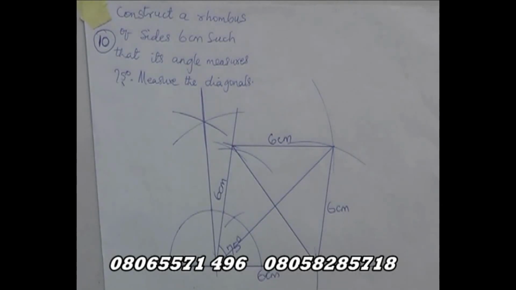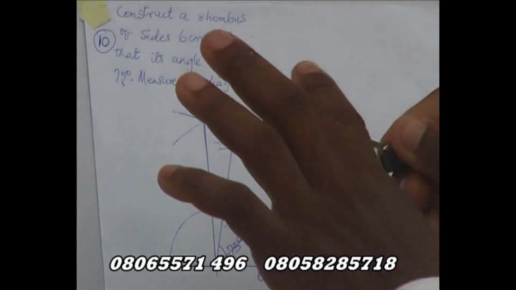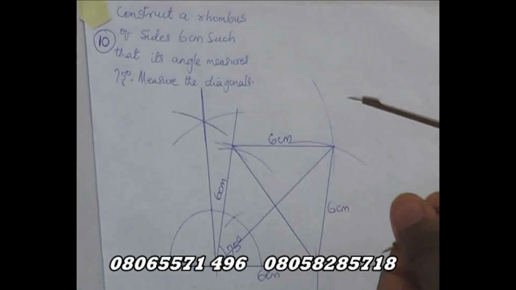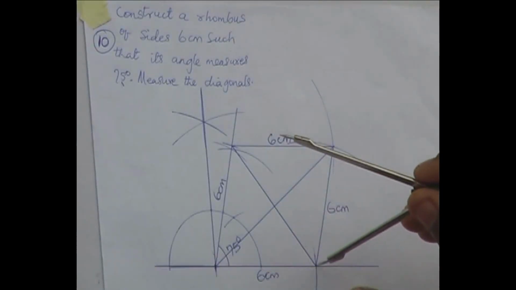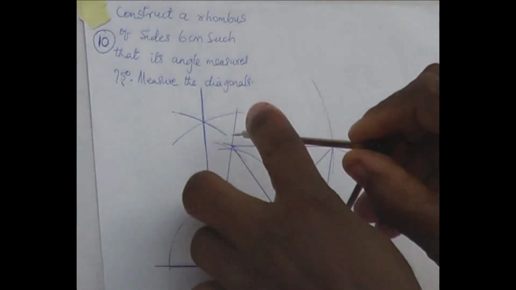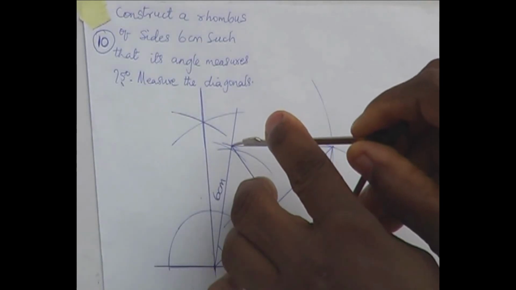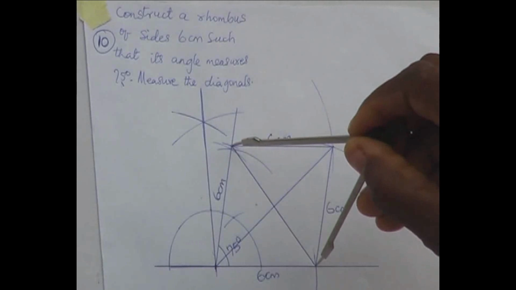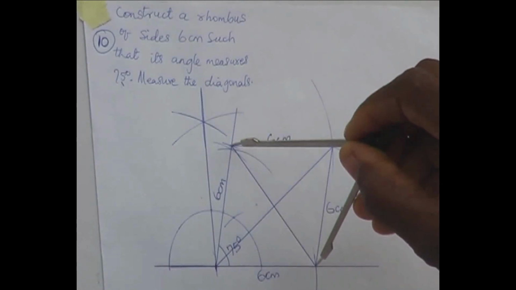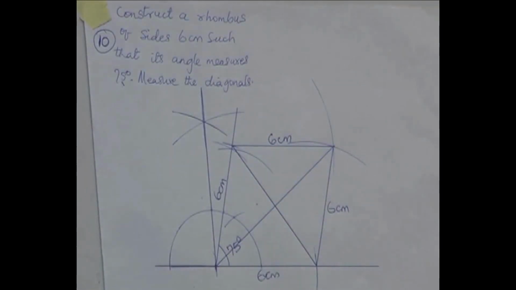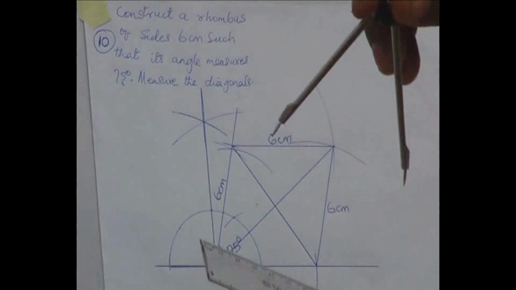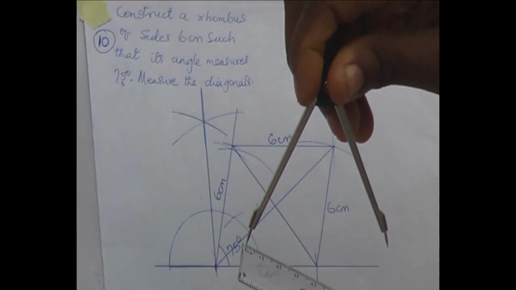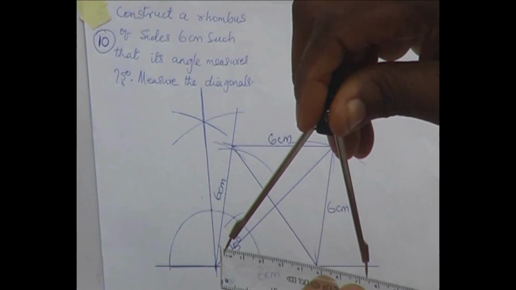Now the measurements. Take your pair of divider and measure out the first diagonal. This is the first diagonal. So as you have measured it out, pick your ruler and read out the value of what you have cut out.